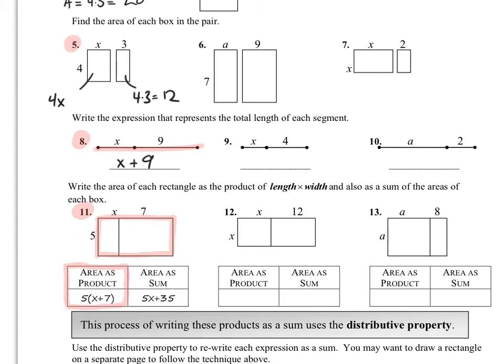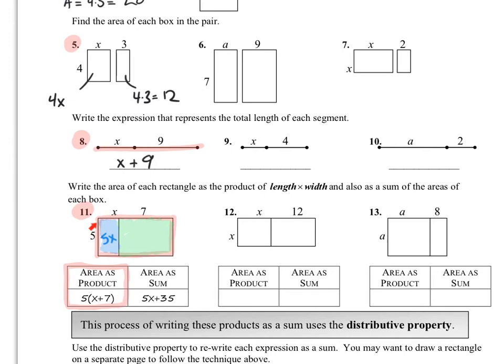Okay. Alternatively, we could take the area of the blue rectangle and sum it with the area of the green rectangle, so we add together the areas of the 2 smaller rectangles to get the total area as a sum, or an addition problem. The blue rectangle is 5 units tall and x units across, so its area is 5 by x.